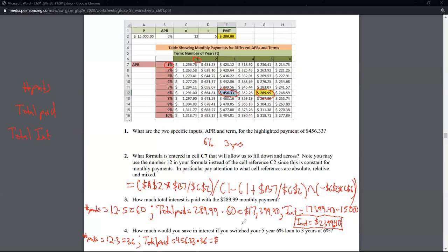I don't know why that looks wrong. Let me double check my math. 456.33 times 36. And that's right. 16,427.88. So $16,427.88. Now, if you analyze well, you should be able to tell at this point that this is a better deal, because last time we paid $17,400, now we're paying $16,400 roughly.